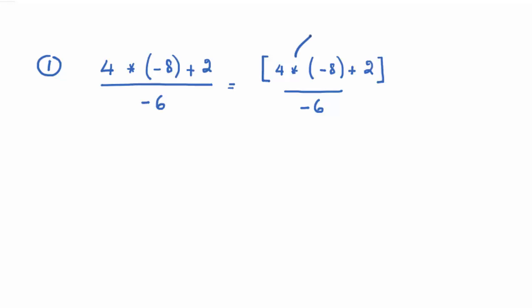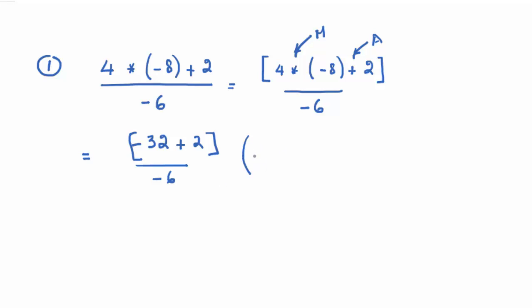What in the numerator? I have multiplication, I have addition. Which one is stronger? As you know, multiplication. So we'll start, we're gonna see this is equal to 4 times -8, which is -32, plus 2. I will leave everything between brackets because I didn't finish it, and -6.